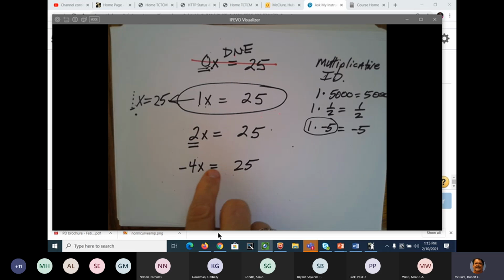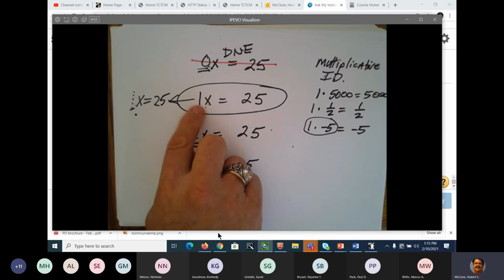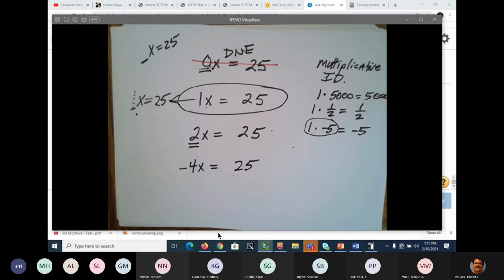I have to go through that in any algebra-based course at least once or twice a semester, because people forget that there is a 1 there. I ask this question, x is equal to 25, and I'll say, what's here? And the first thing they'll say is 0. Well, that can't happen. You can't have that.